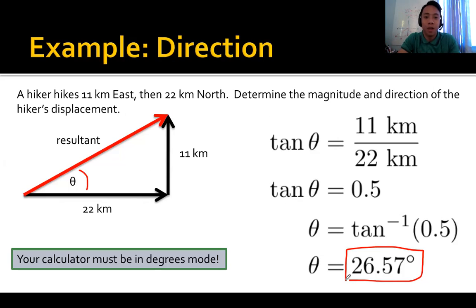Reminder, we cannot use addition of vectors mathematically if we have multiple vectors. Again, we cannot use this kind of method if we have two or more vectors. Okay? We can use the graphical method or the drawing method in finding the resultant or displacement of multiple vectors, but the mathematical method is not appropriate for that one.